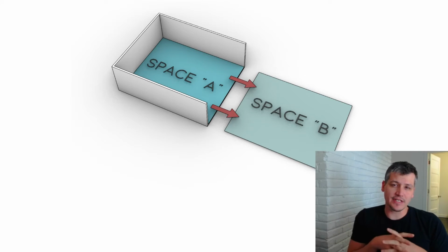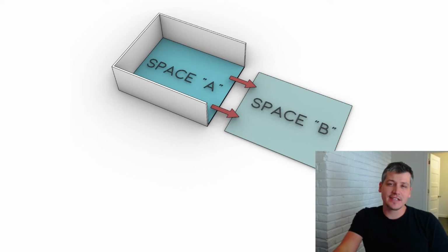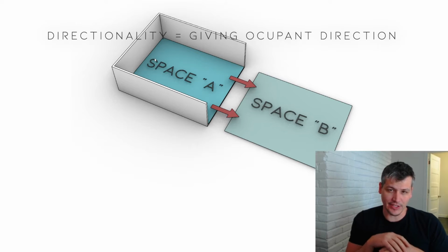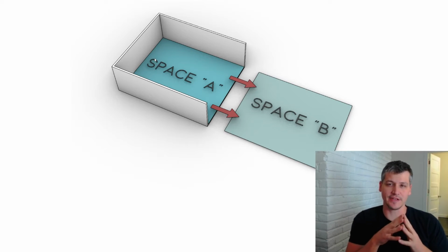And because this one side is completely open, it creates this focus towards space B. This of course is a very strong connection because the opening is so large, but the directionality part of this is that focus on space B. If you can imagine space A as being maybe an entryway, if you walk into the entryway, you're immediately focusing on space B, and that is what we're calling directionality. It is taking your attention and focusing it towards a specific area.